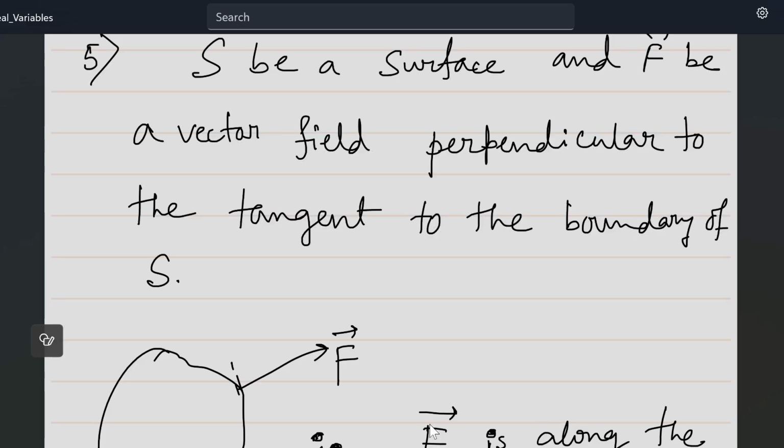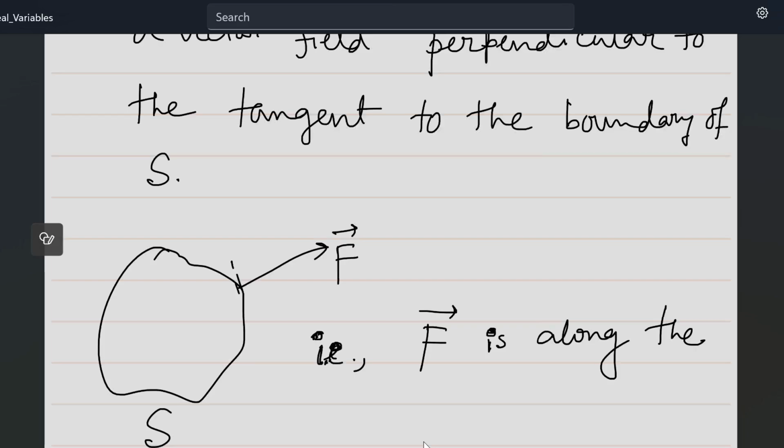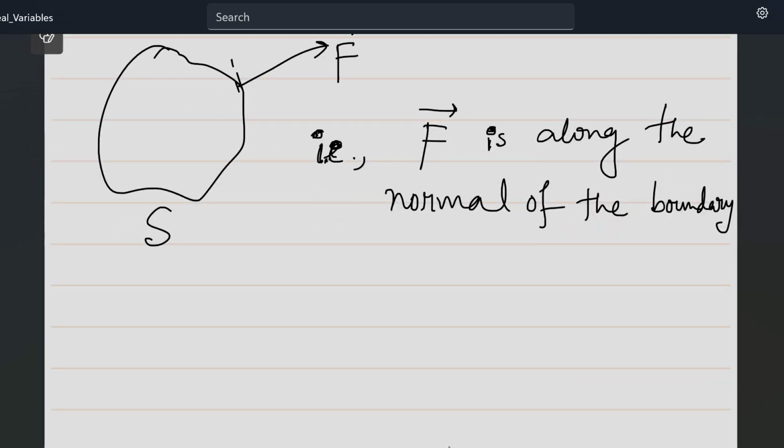F is along the normal. So that's it. That means curl of F dot n at ds is 0. N hat is the outer normal, right?